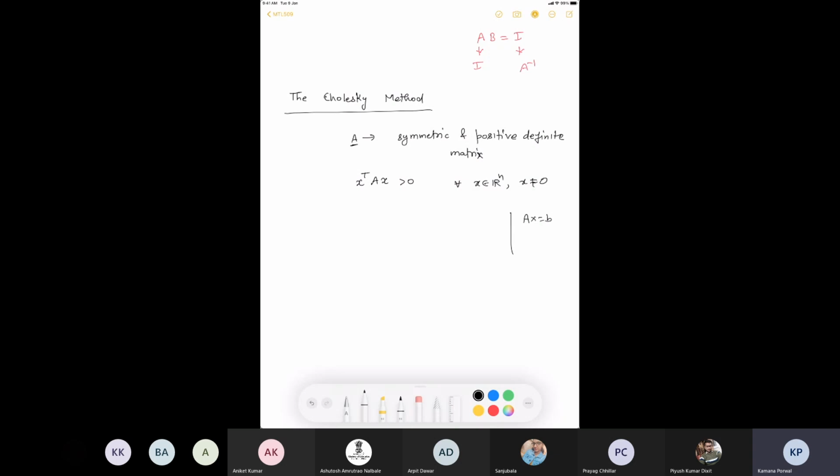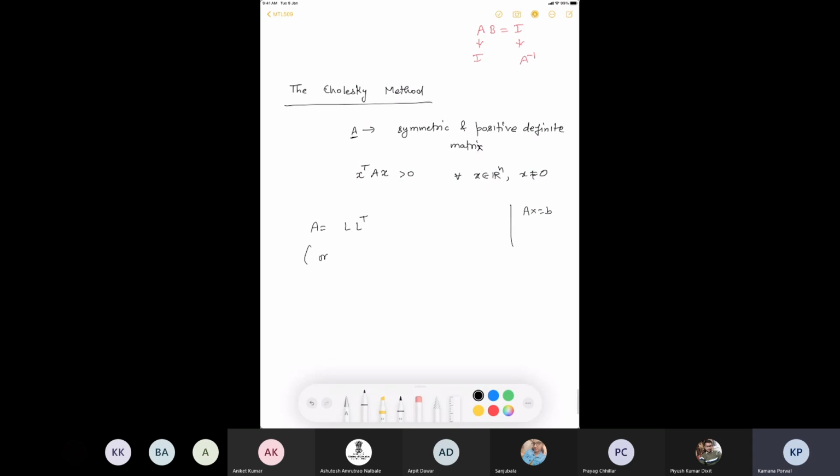But the Cholesky method says that if you have a positive definite structure together with symmetry, then we can write A as L into L transpose. That is, the upper triangular matrix here is nothing but the transpose of the lower triangular matrix. Or you can represent A in terms of the upper triangular matrix as U into U transpose.